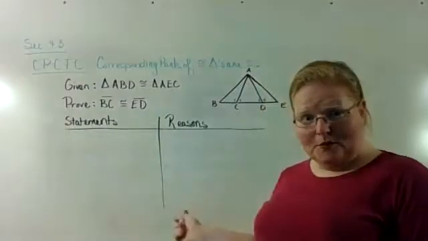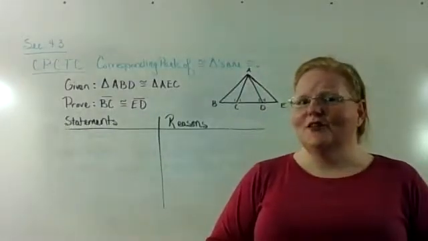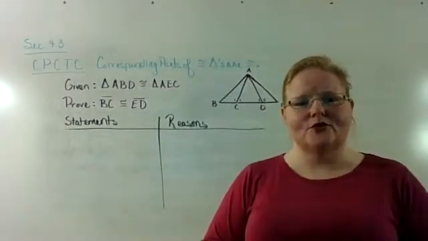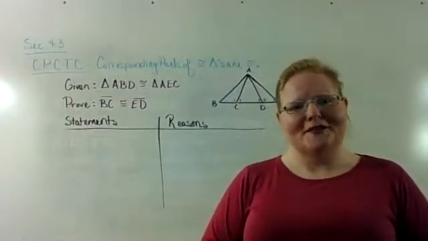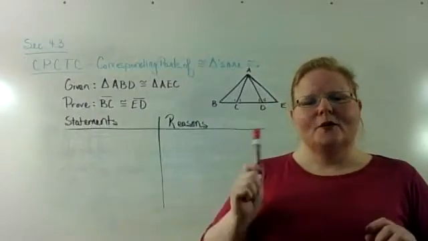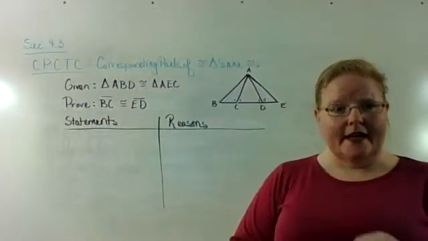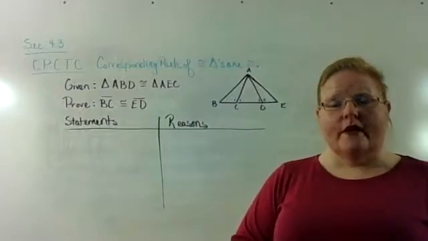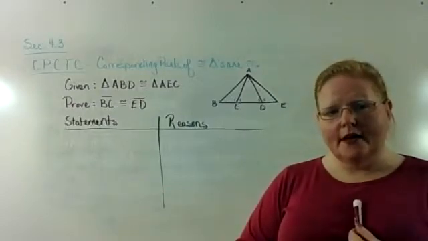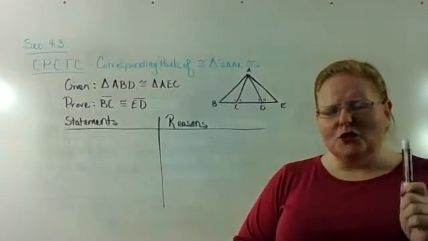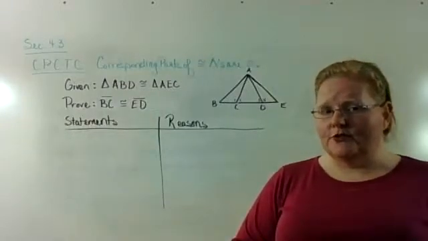However, for this one in particular, I'm not asking you to prove that parts of those triangles are congruent. I'm asking you to prove that a part of those triangles are congruent. So go ahead, write this down, take some time, see how far you can get. Now, you might not prove it the same way I prove it, but you'll be able to tell whether or not yours is right.